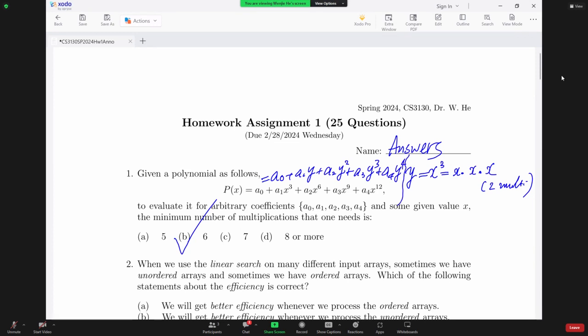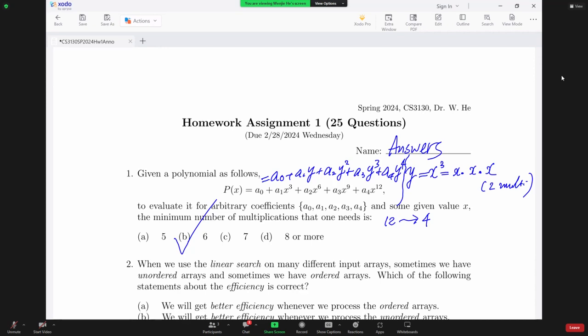Then we can apply Horner's rule, because in this way we bring down the degree from 12 to 4. The degree from 12 to 4, much lower, the better.